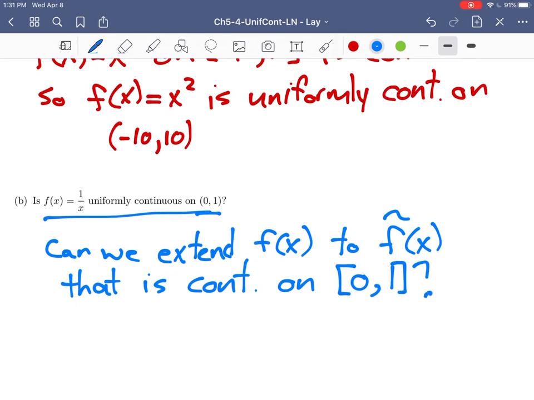That would be an equivalent question, and the answer is nope. We cannot do that. Because we cannot do that, then this function cannot possibly be uniformly continuous on this interval from 0 to 1.